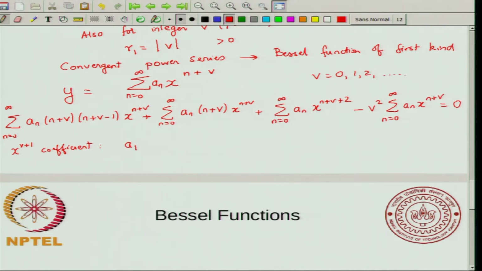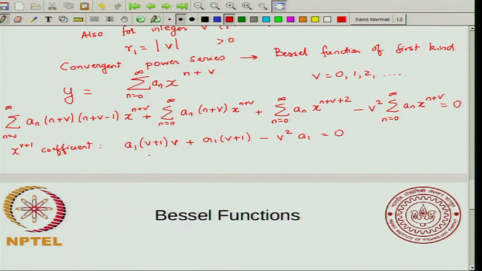So you get a_1 into v plus 1 into v. The second term will be a_1 times v plus 1. The third term can never give v plus 1 because it starts from v plus 2, so it will not even contribute. And then you have minus v square a_1 from the last term, and this is equal to 0.